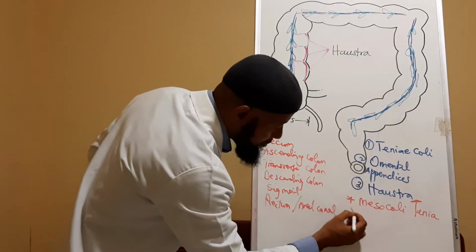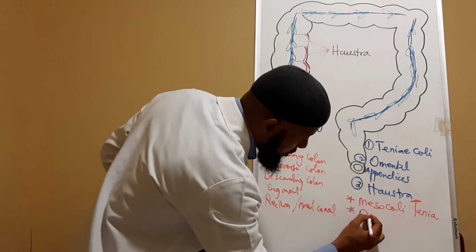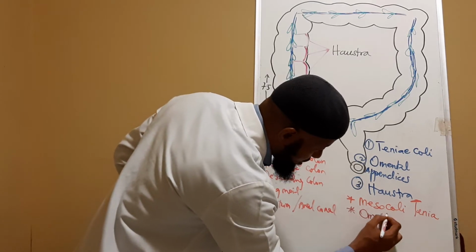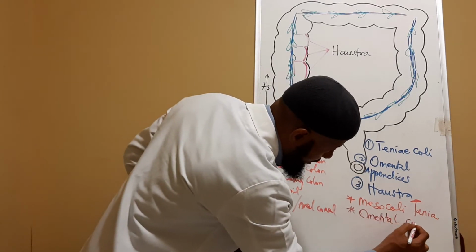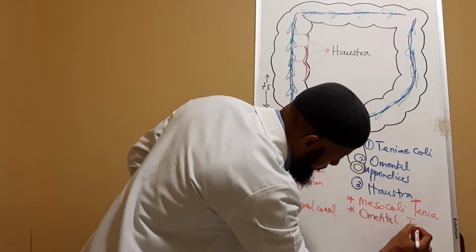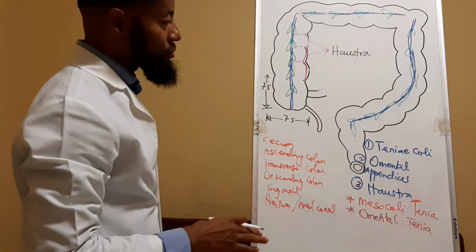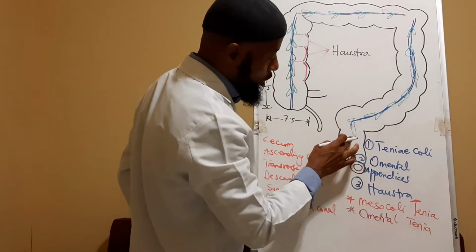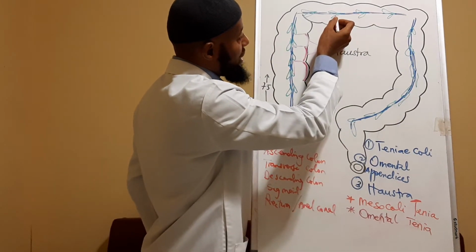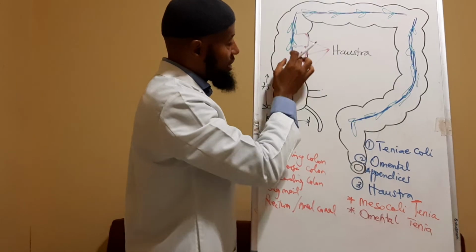The other type of your taenia coli is the omental taenia. The omental taenia is that portion of the taenia coli that the omental appendices attach to. These are the omental appendices.